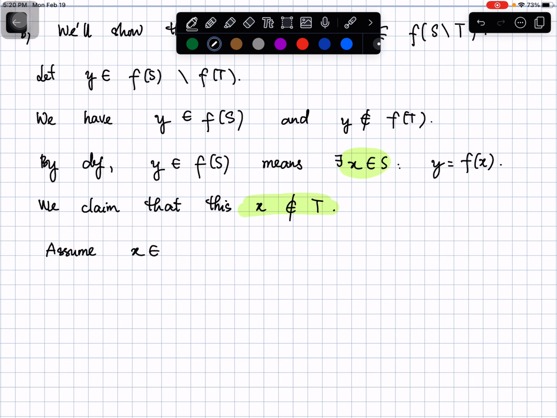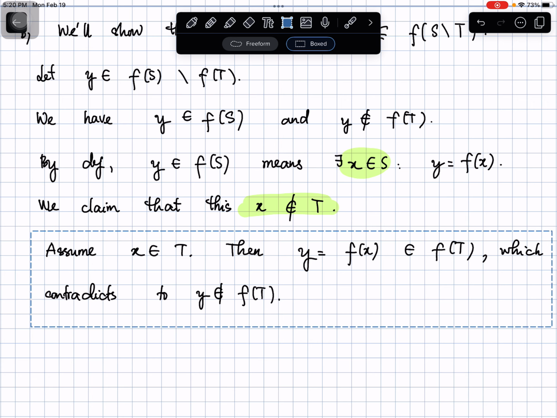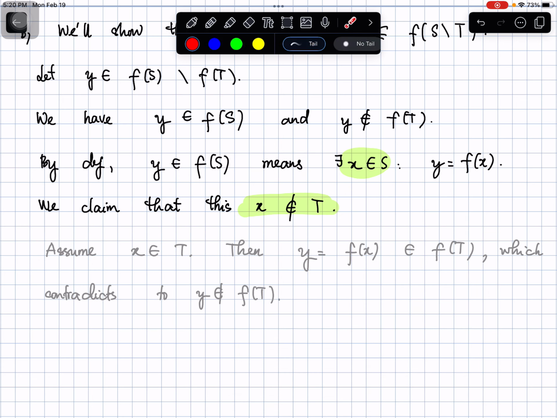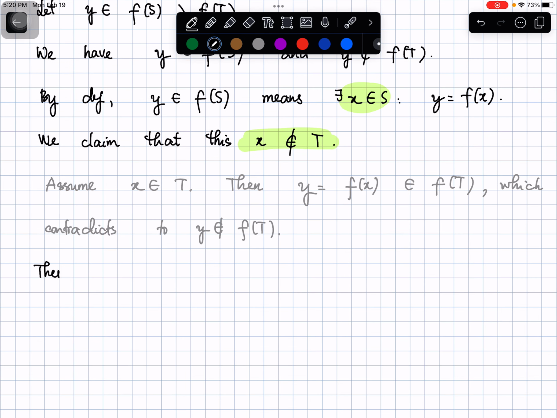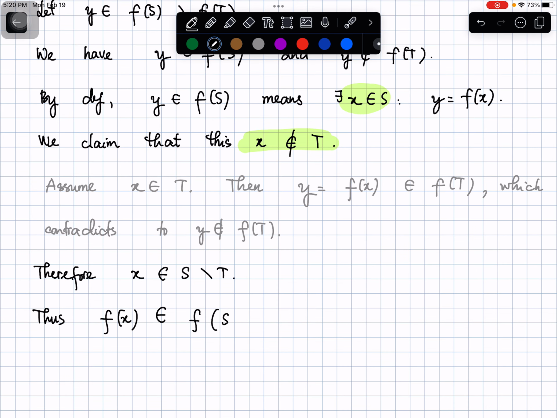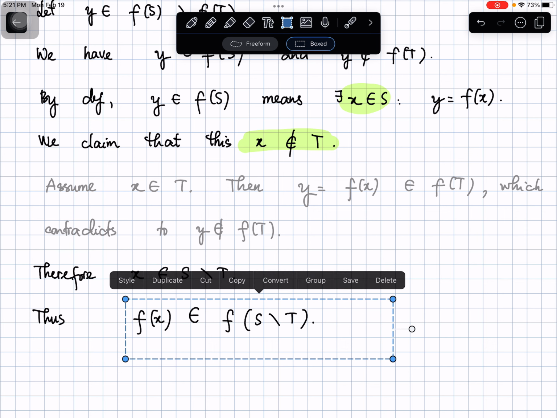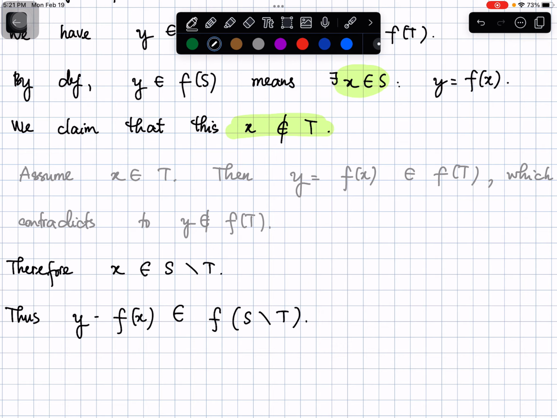Assume x is in T, then y equals f(x) is in f(T), which contradicts the fact that y is not in f(T). So this x is not in T. So x is in S and x not in T, therefore x is in S minus T, and therefore f(x) is in f(S minus T), and y equals f(x). So y is in f(S minus T).